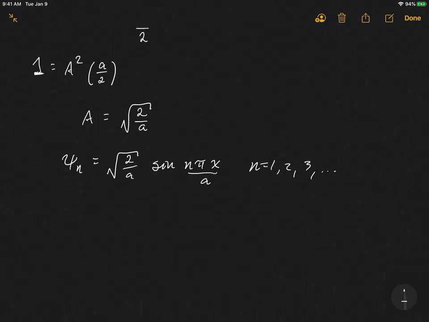Now that we normalize the wave function, let's take a look at orthogonality. Now, we have these different n states. They seem to have different energy levels associated with them. Maybe they're real states. Let's look at this related issue of whether or not these wave functions are orthogonal to each other.